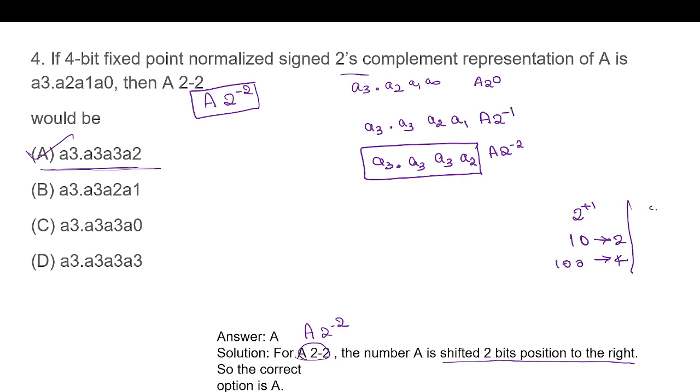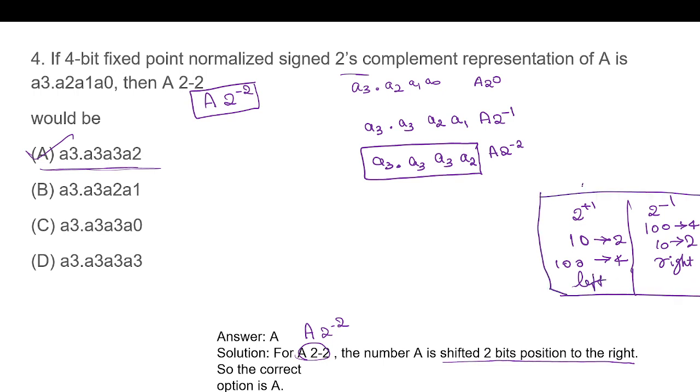If you want to divide by 2, say 2 to the power minus 1, and it is 4, then you will have 2, which is 1 0, shifting to the right, and this is shifting to the left. This is for binary. Any doubts?